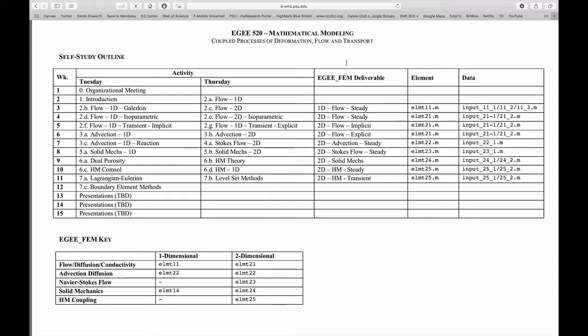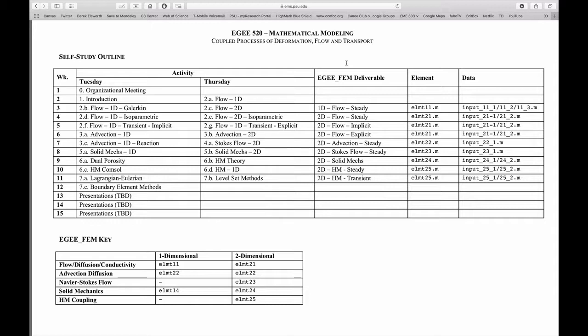The input file gives the coordinates and where the elements are relative to each other for the geometry that you're using. And it is specific to a particular kind of problem: flow, transport, or solid mechanics. And the element subroutine is the appropriate one, which will be grabbed automatically because it's defined in the input file.